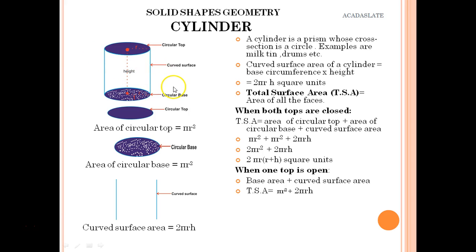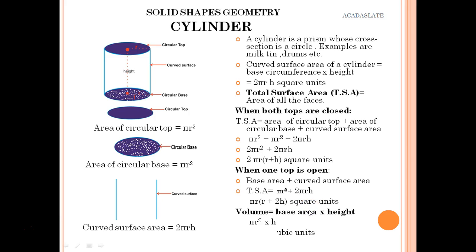So if we are asked to find the total surface area of an open cylinder, we can say the area of the circular base, which is pi r squared, plus the curved surface area, which we have already illustrated before. So the total surface area of a cylinder when one top is open, or an open cylinder, is pi r squared plus 2 pi r h, and usually the unit is a square unit.